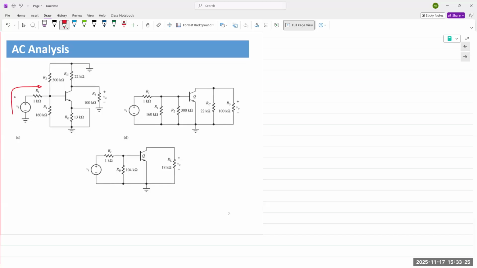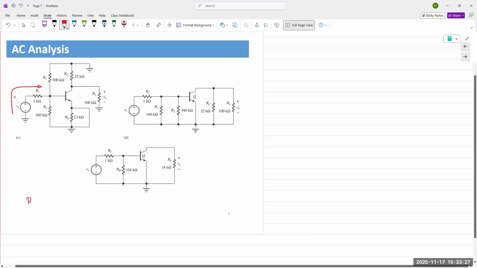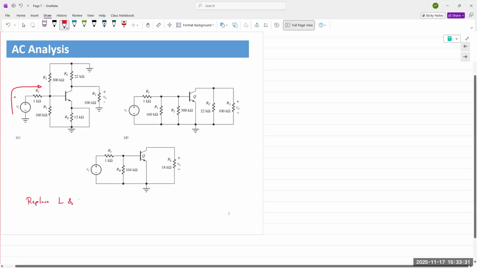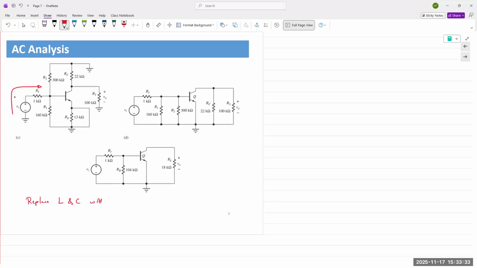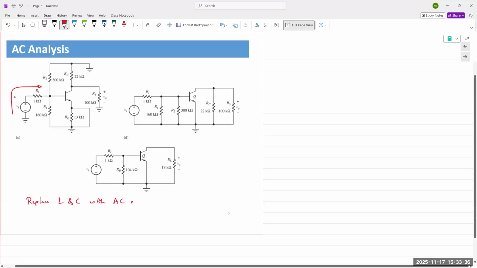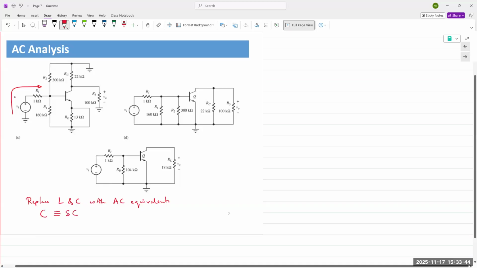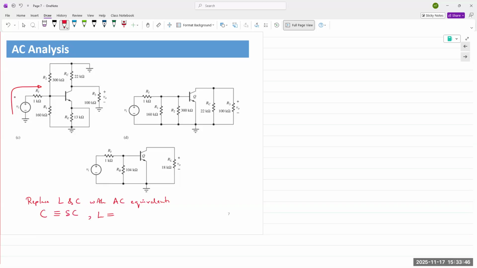So we replace inductors and capacitors with AC equivalents. Capacitors are replaced with a short circuit. Inductors are replaced with an open circuit.